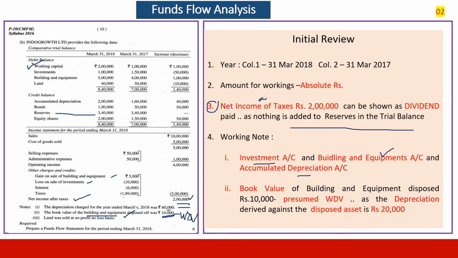Therefore our cost is WDV plus depreciation. Hence this note: book value of buildings and equipment disposed 10,000 presumed to be written down value, as the depreciation derived against the disposed asset is 20,000 rupees. This is regarding the initial.